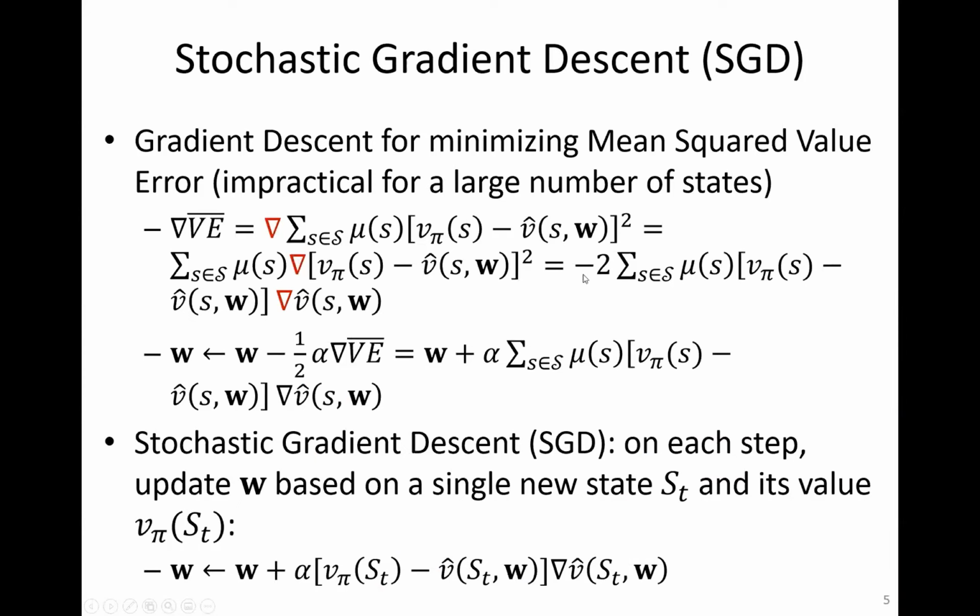And then the gradient of the square is 2 times this value, and then the gradient of v hat. That's just the chain rule. And then with the weight update, you have this formula here. So this is not practical to evaluate for a large number of states.